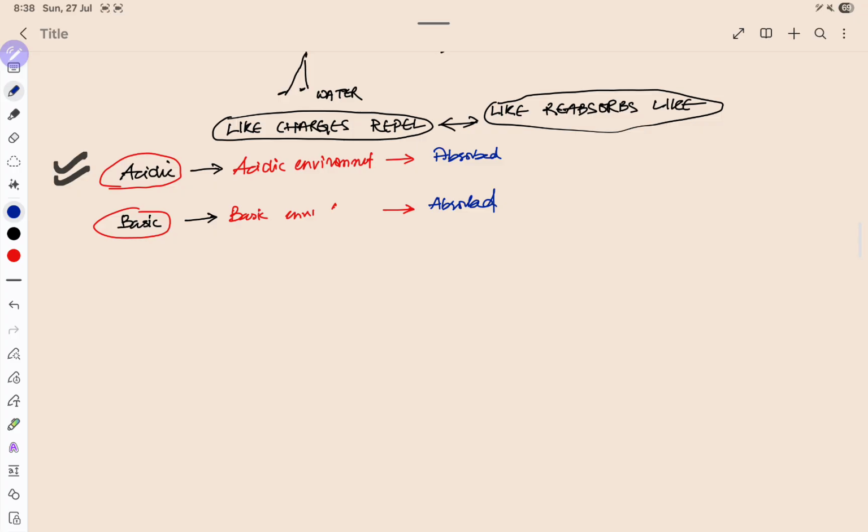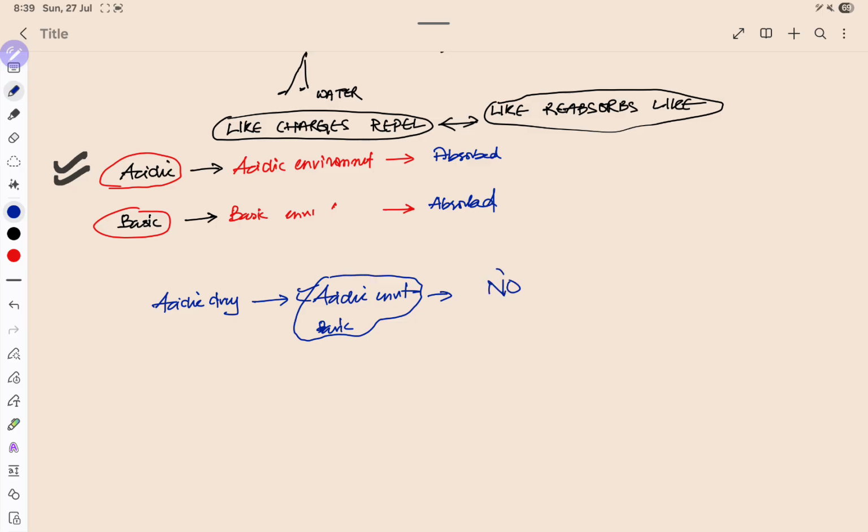But in exams, a common question is always asked. Suppose there is an acidic drug, and for maximum absorption, what is the environment? Acidic environment or basic environment? Obviously, we'll choose acidic environment. But will the environment be the deciding factor of maximum absorption?